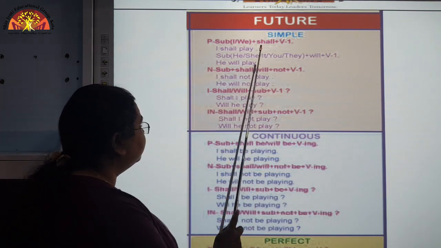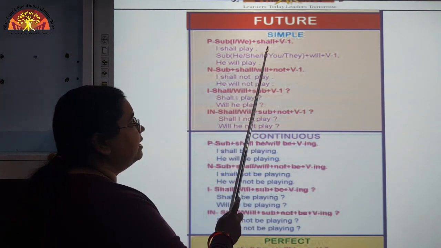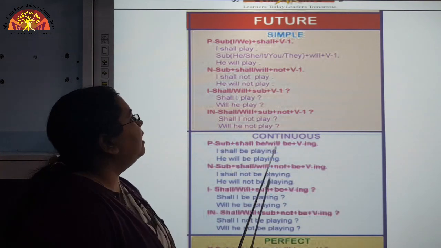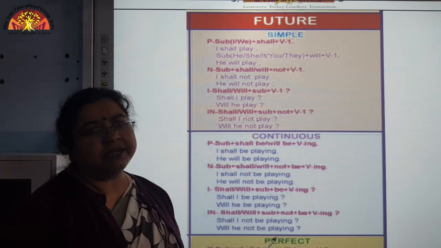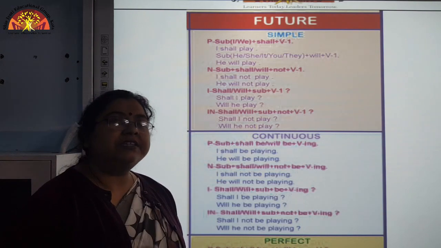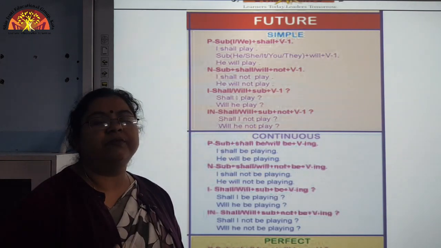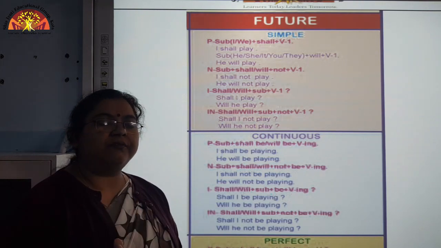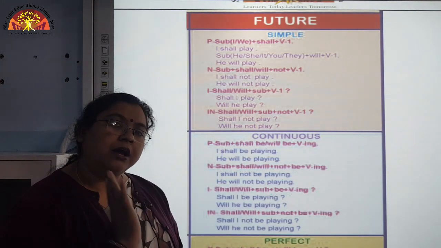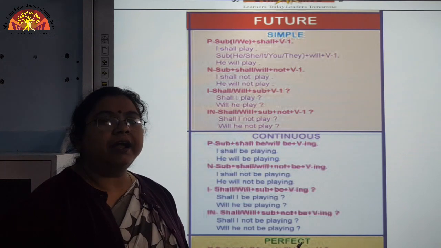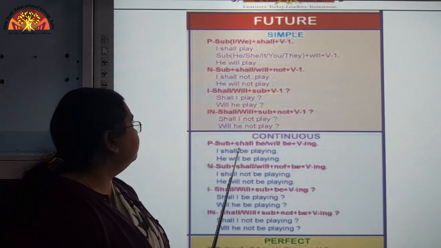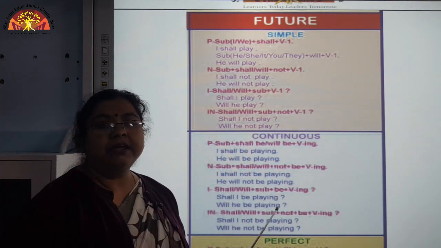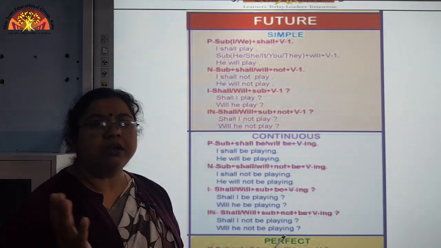So, for first person it will be shall, and for second person and third person we will be using will. So, we can use shall or will depending upon the person, so the subject will determine whether we will be using shall or will.